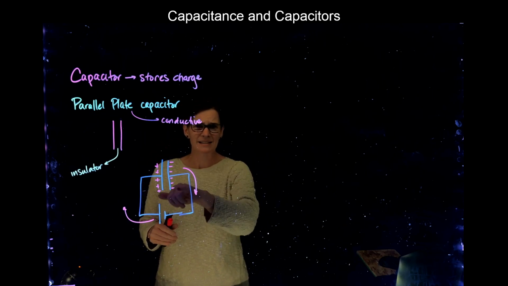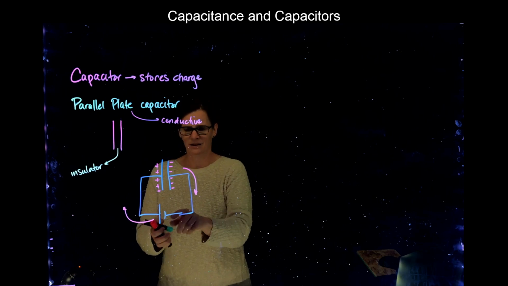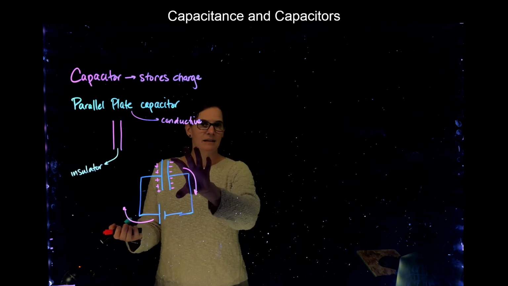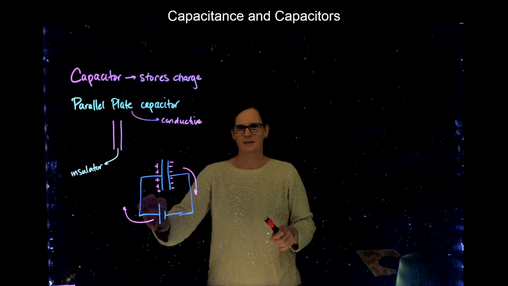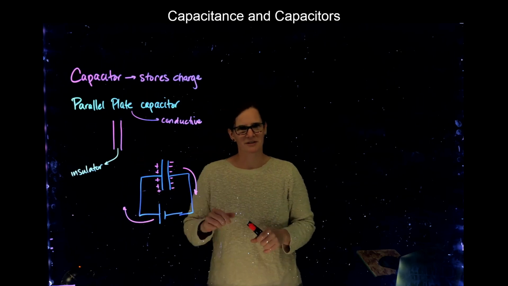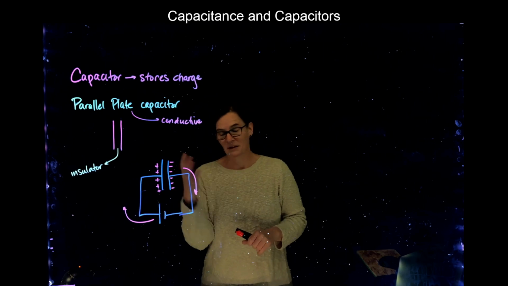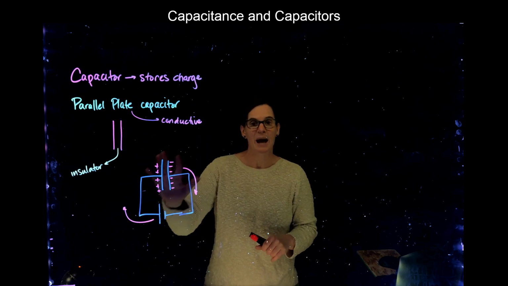What happens is that the negative side of the battery, the low potential side, ends up being the low potential side of the capacitor. The high potential side ends up being the high potential side of the capacitor. And in the next video, or the video later in the series that you're watching, we're going to look at what happens in that situation.